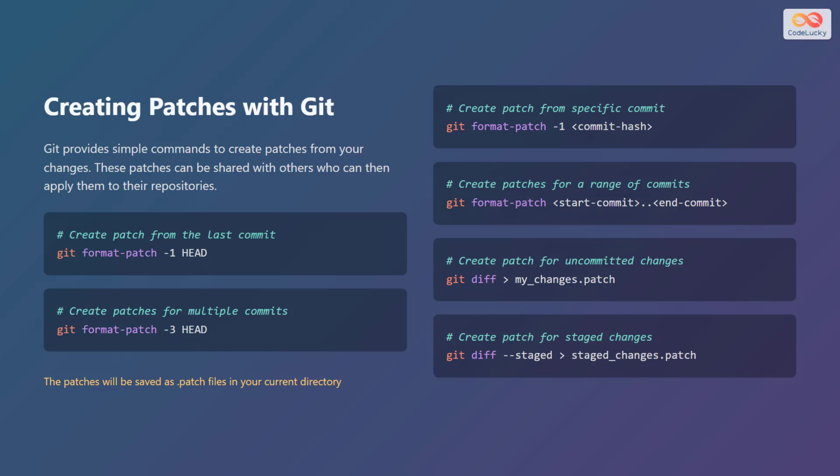To create a patch from a specific commit, use git format-patch -1 and then the commit hash. To create patches for a range of commits, use git format-patch start-commit..end-commit. To create a patch for uncommitted changes, use git diff > changes.patch. Finally, to create a patch for staged changes, use git diff --staged > changes.patch.